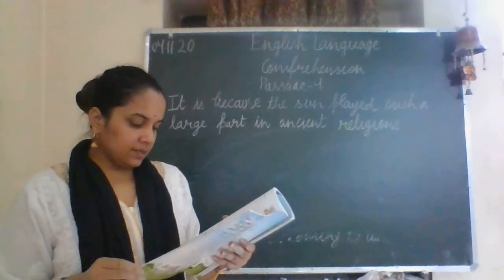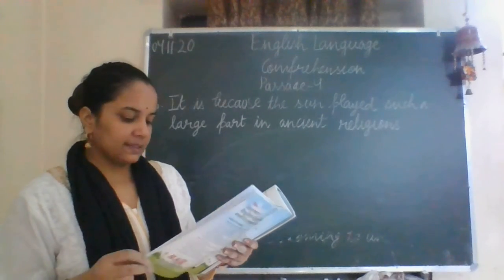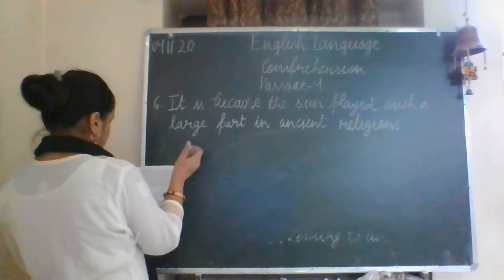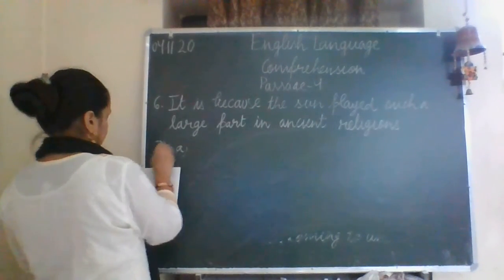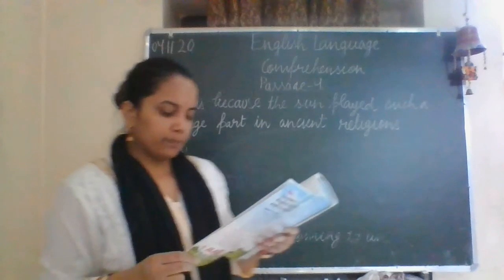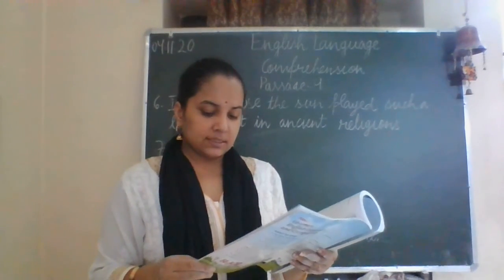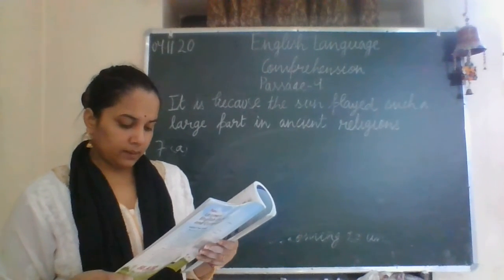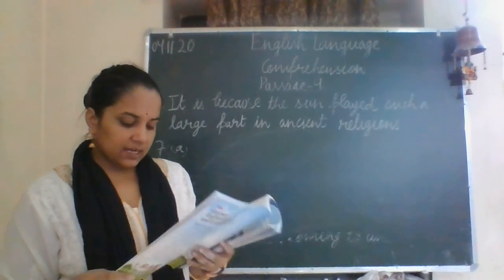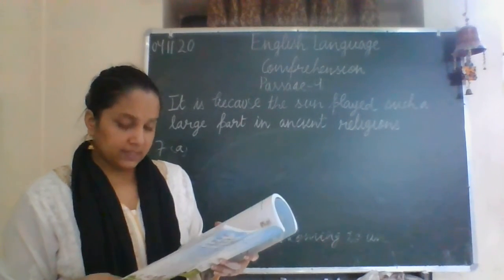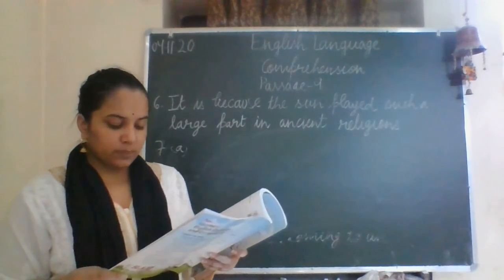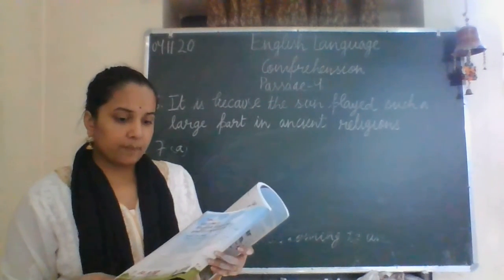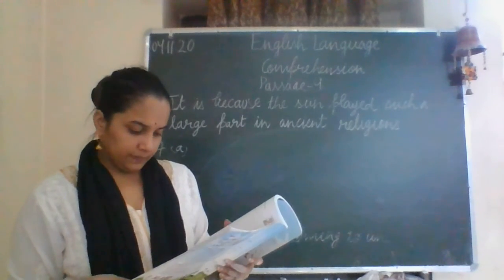The next one is the last one. Find the words in the passage which mean, you have to find the synonyms. The first one is belief in good or bad luck and other things that cannot be explained. The next one is very old stories. And the last one is belonging to an early stage in the development of humans.